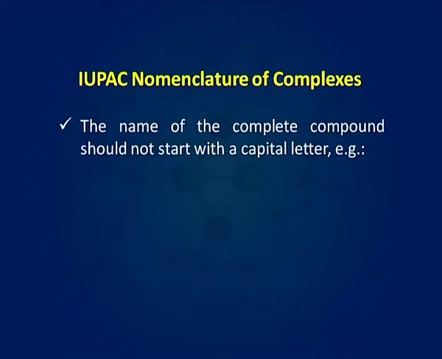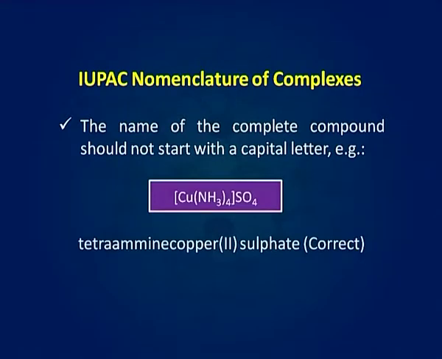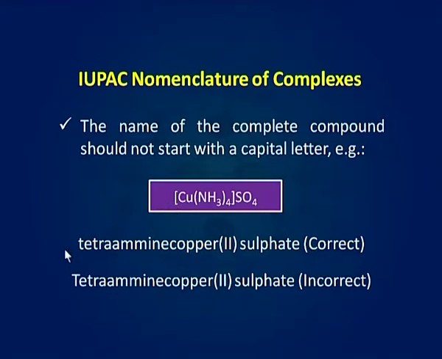You must remember that the name of the complete compound should not start with a capital letter. For example, if you want to name this complex shown here, then the name starting with a small letter is correct and the name starting with a capital letter is incorrect.